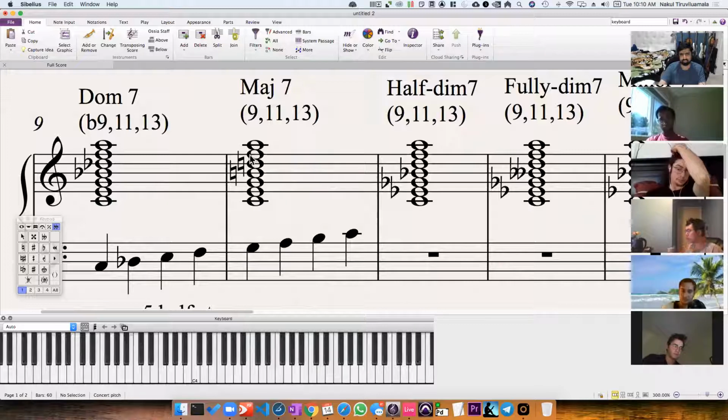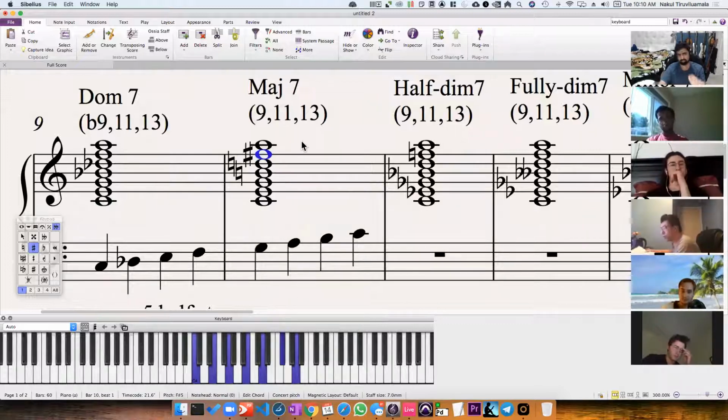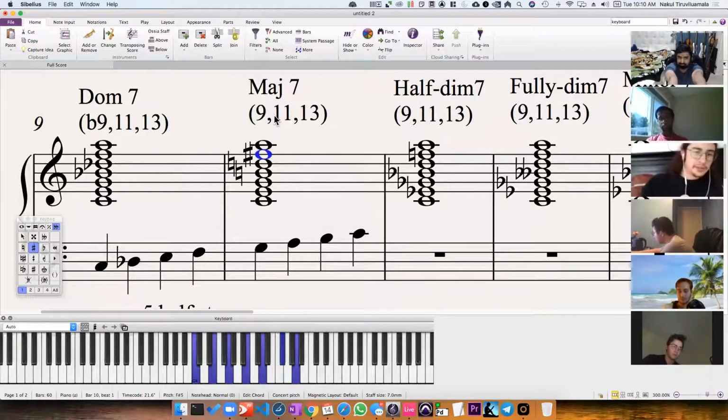Let's say I took this F and I sharped it. What happens? How do I change the naming of this chord? Sharp 11.